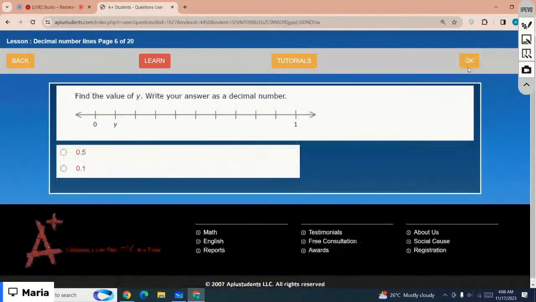Which is the correct option? Yes, that is 0.1 is the option, right?